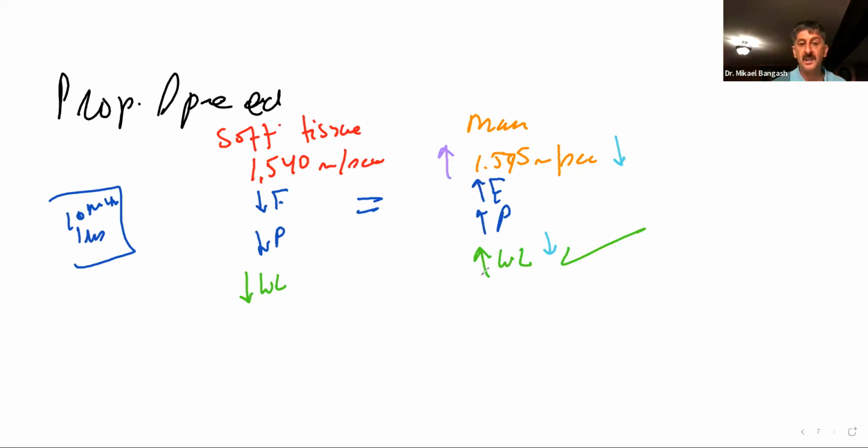That change in speed will cause the wavelength to be slightly greater than it was in the soft tissue.